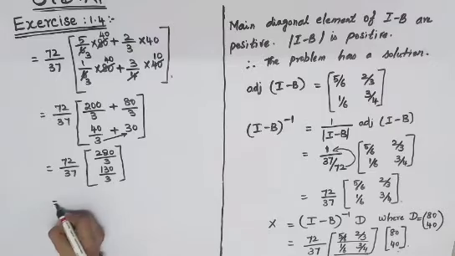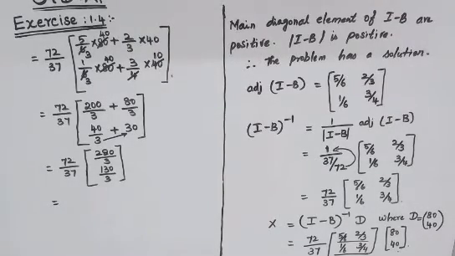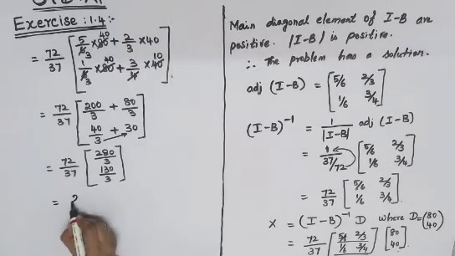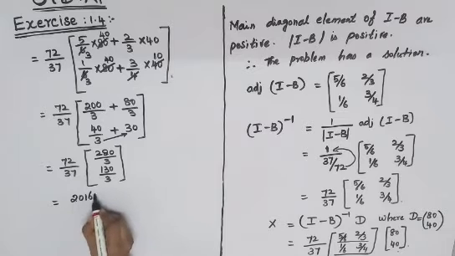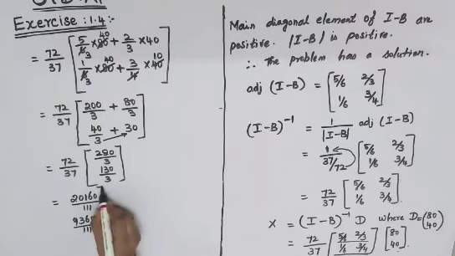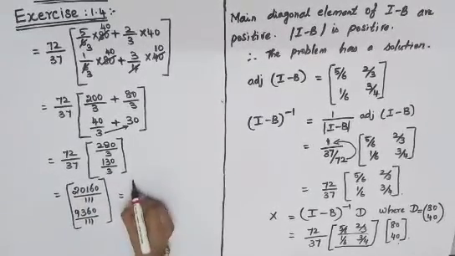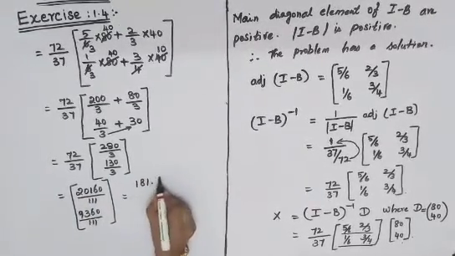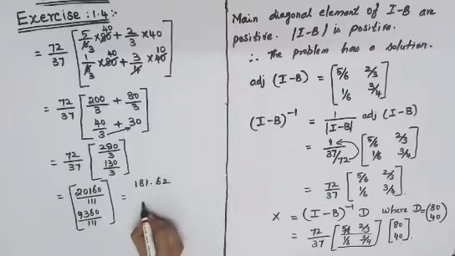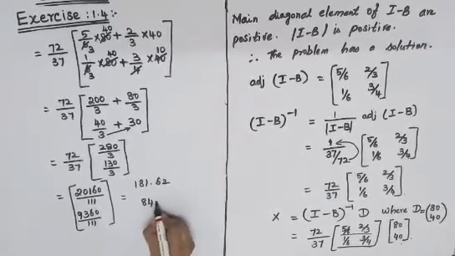So the last step of solving, you can use your calci, so you will get your answer as 20,160 divided by 111. The next one is 9,360 divided by 111. So which is equal to 181.62 and the next one is 84.32.